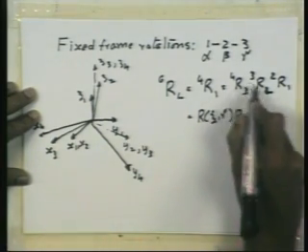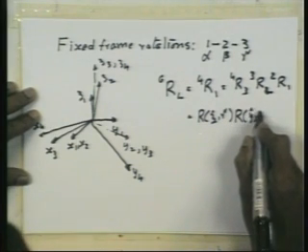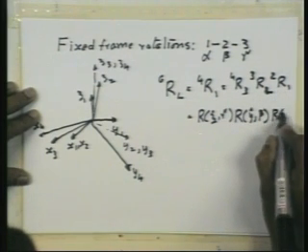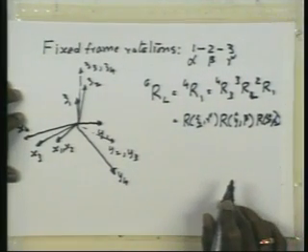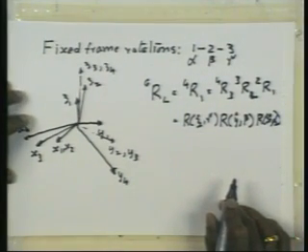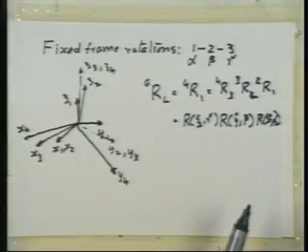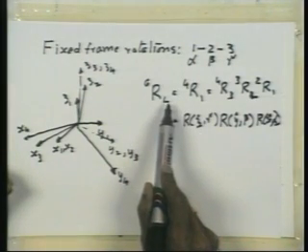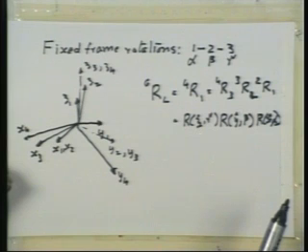And 2 with respect to 3 is about y by angle beta, and 1 with respect to 2 is about x by angle alpha. Fine. So if you have this notation, if you have this way of specifying orientation, the corresponding rotation matrix of local with respect to global will turn out to be simply this. Fine.